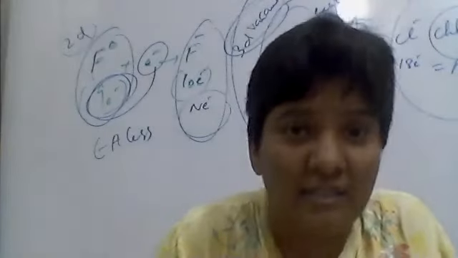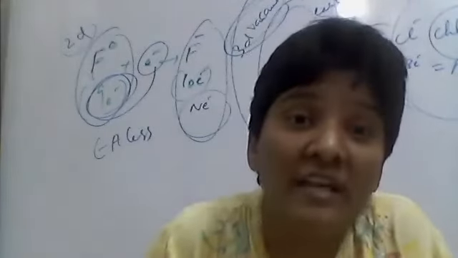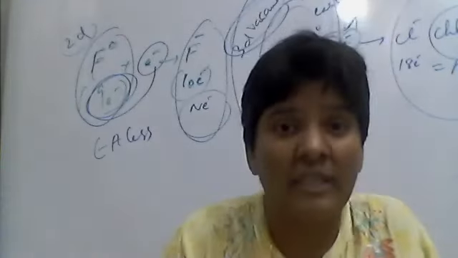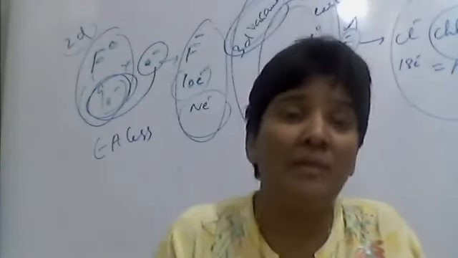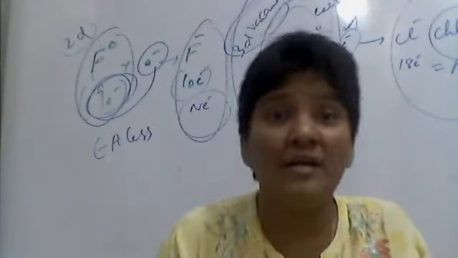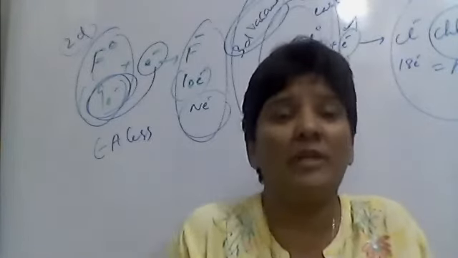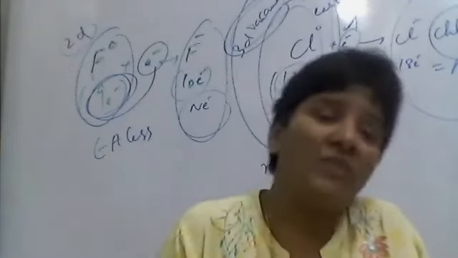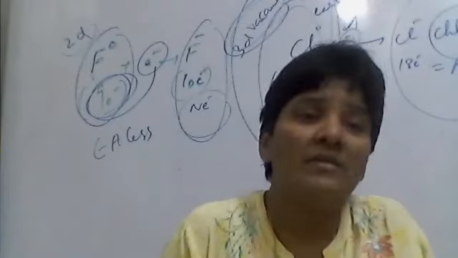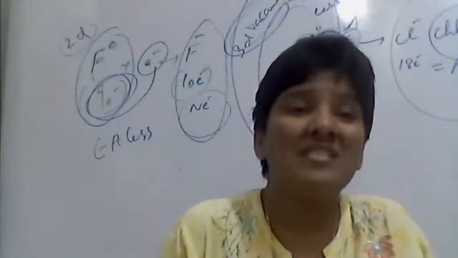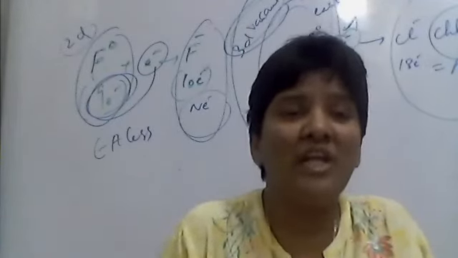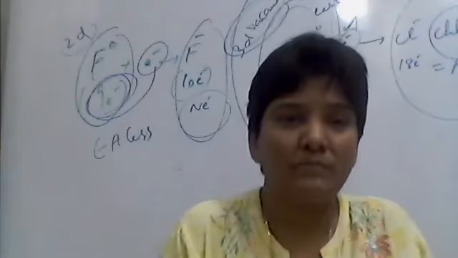If 3D series, 3D may be filled, 4D is incomplete. If 4D series elements, 4D may be complete, but 5D is vacant. So due to vacant orbitals, N-1D and ND, they form complexes by accepting electron pairs, which contain coordinate covalent bonds.